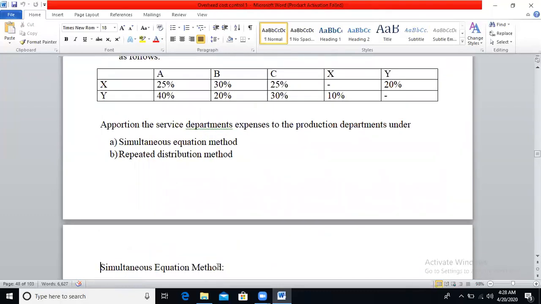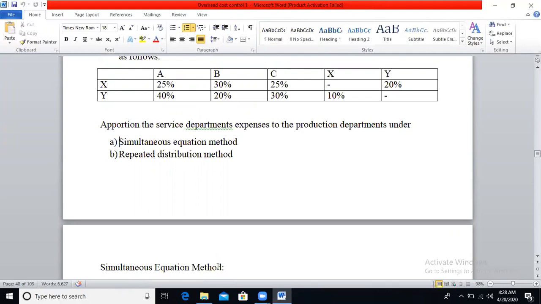So in the problem, if they have mentioned expenses, basis like that, then they will not mention the total values of all the department. You need to prepare primary overhead distribution summary and calculate the values of total overhead values of all the departments.